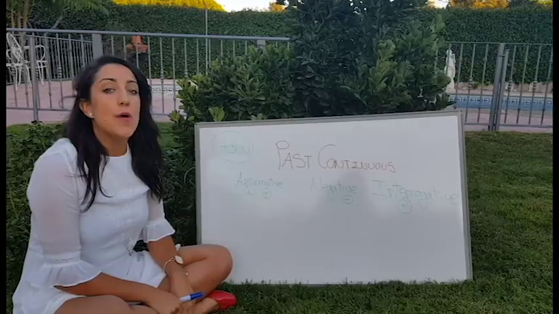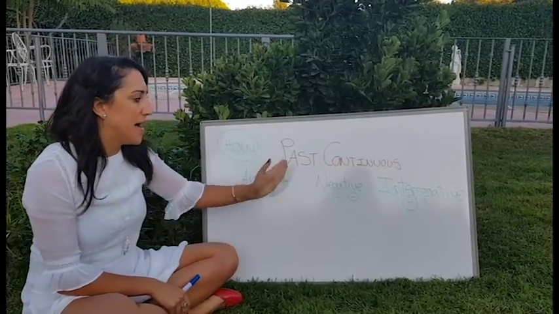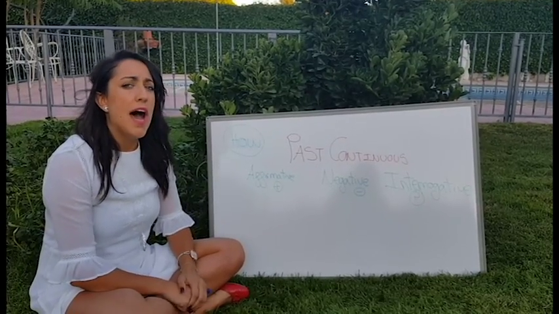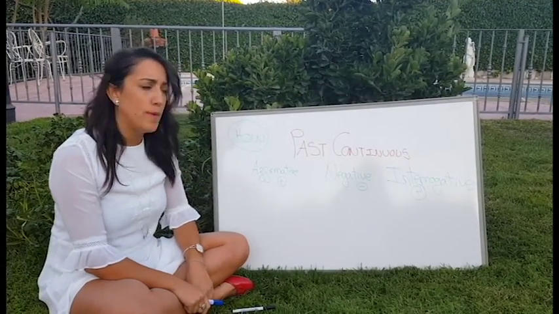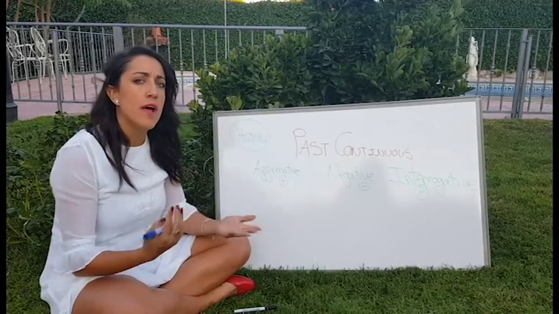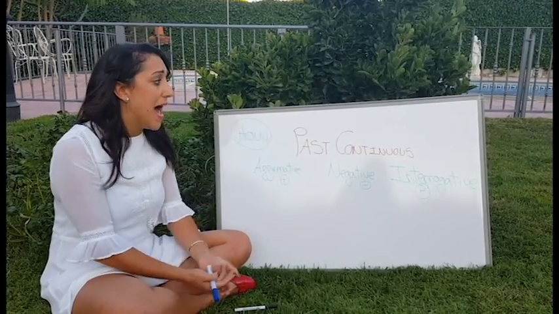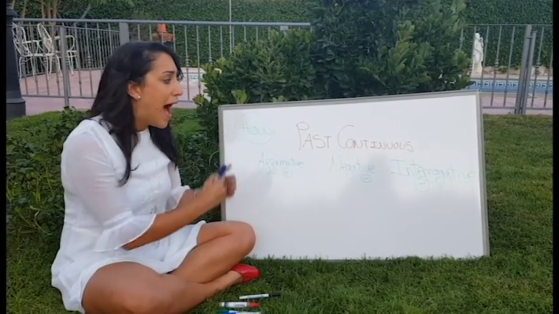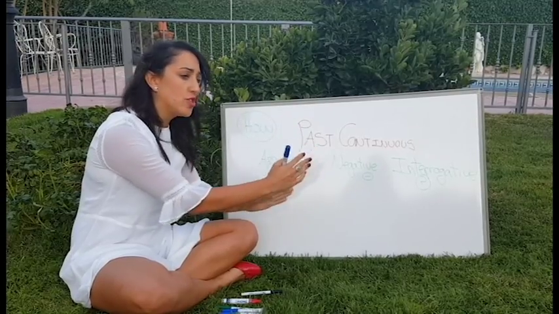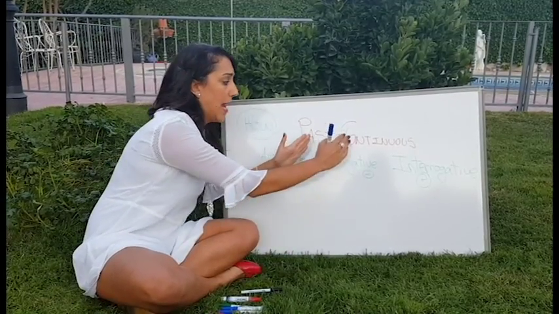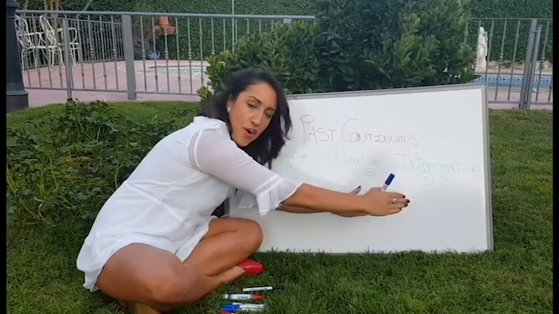Stop the video. We are going to talk about past continuous. And the first step is going to be how do we form the past continuous. As in the past simple, I have divided the whiteboard in affirmative form, negative form, and interrogative form.